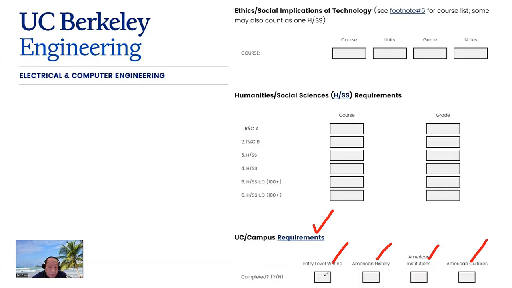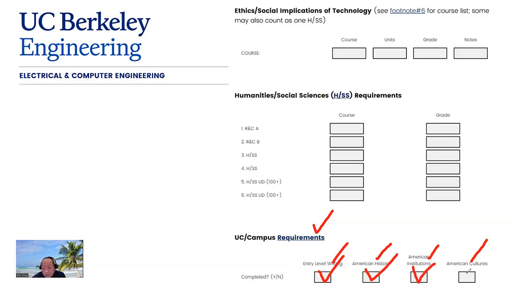Entry-level writing can be satisfied with an SAT of 680 and above, or an AP Lang or AP English score of 4 or 5. AP US History can also satisfy American history with a 4 or 5, and American institutions can be satisfied by AP US History or AP Government.